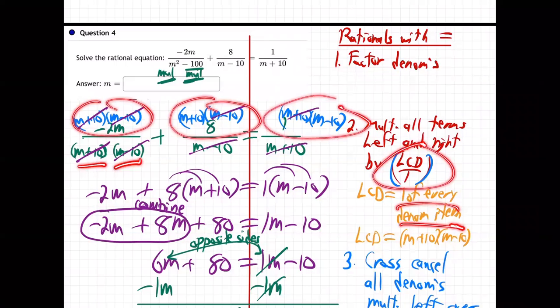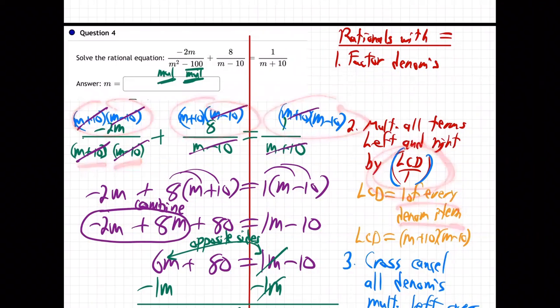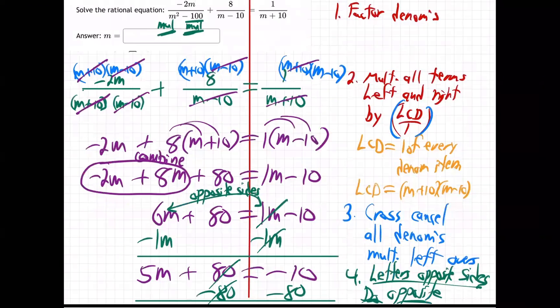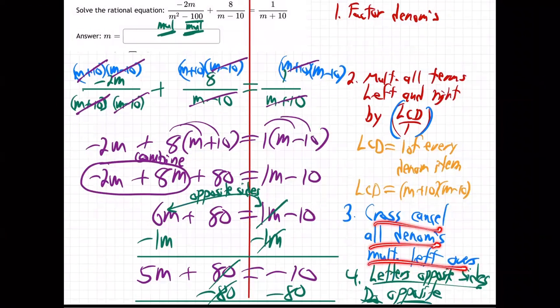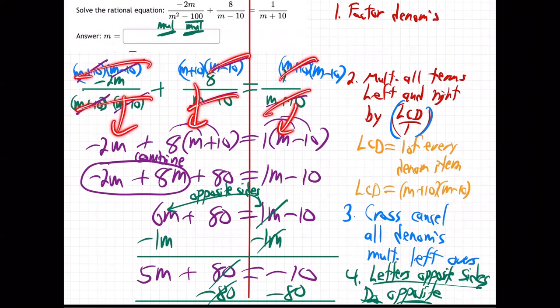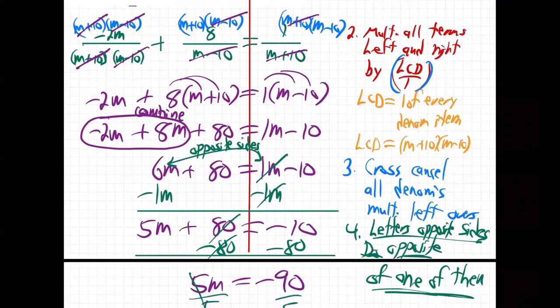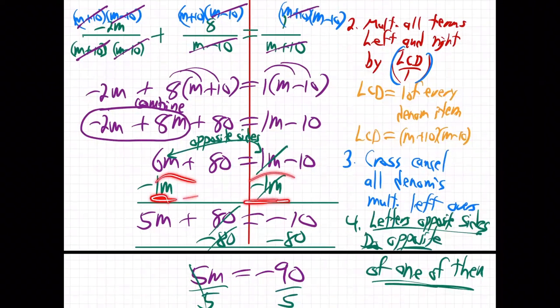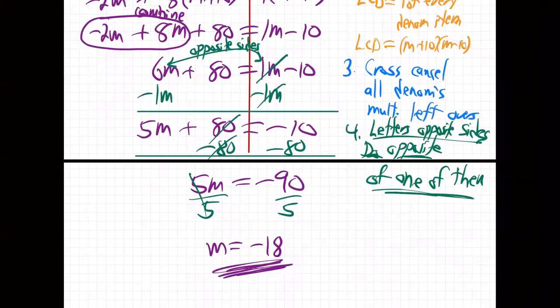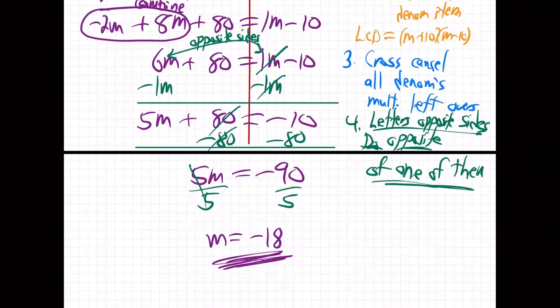Top, top, top, over 1, in other words. And then what? Step 3, cross cancel all those denominators and multiply the leftovers. So I canceled everything out, brought down the leftovers, and I multiplied whatever was left over. And then I just solved for m. 2 m's on the same side, combined them. M's on opposite sides, did the opposite to get rid of one of them. And then just take the steps to get m alone. There we go.